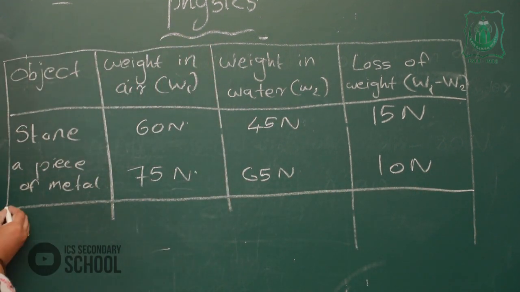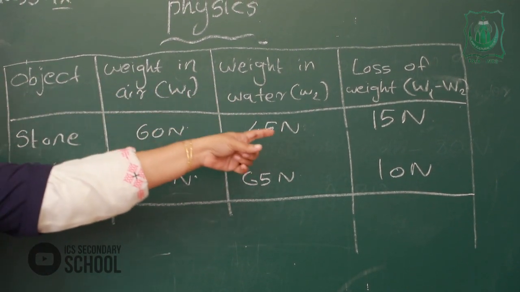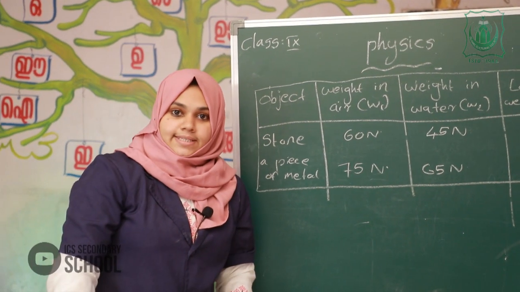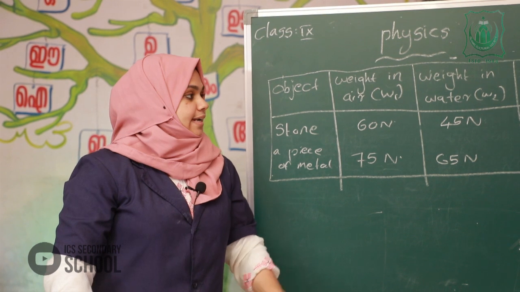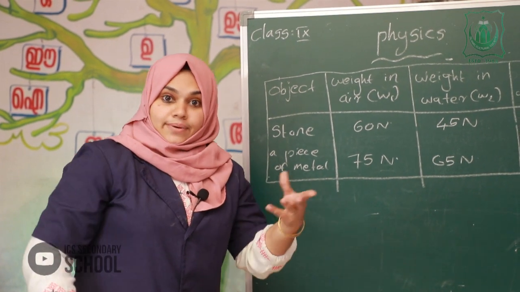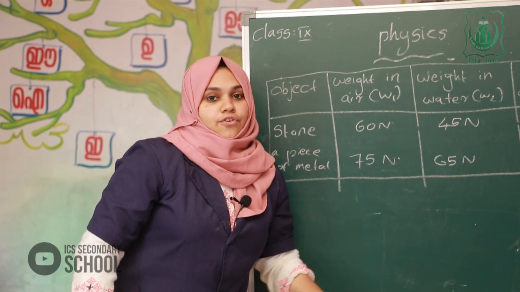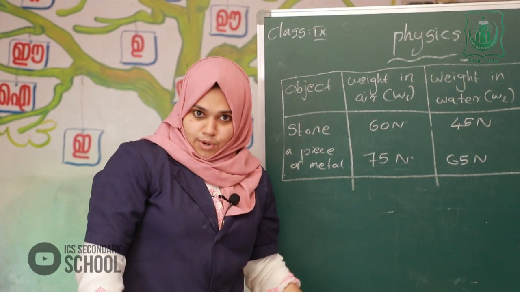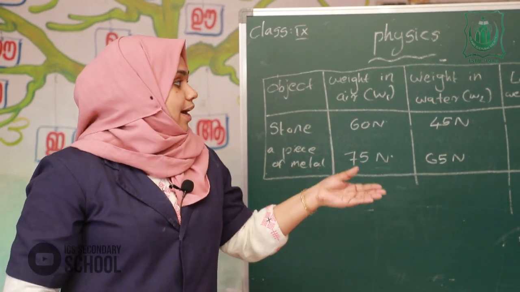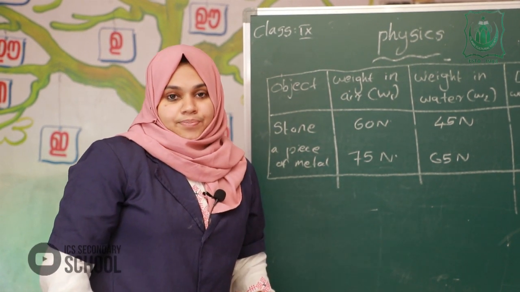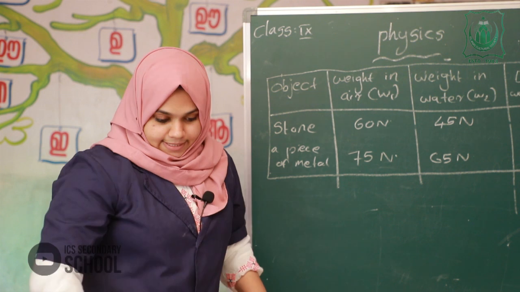So we know that this loss of weight is the buoyancy. Okay, got it? To calculate buoyancy, it is enough to find the loss of weight of the substance in that fluid. Okay, all of you understand this?